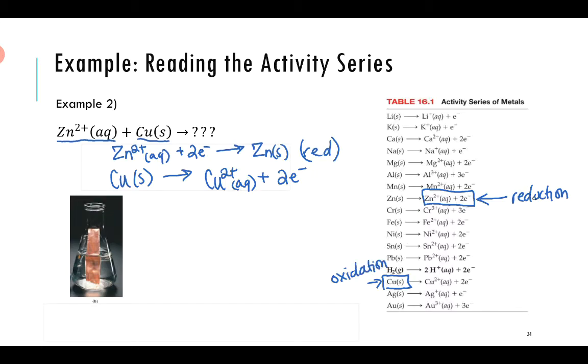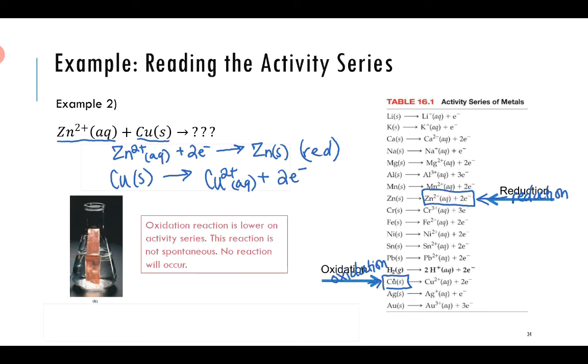But since my reduction half reaction is higher than my copper reaction, my oxidation half reaction, this reaction is not spontaneous. So the oxidation half reaction is lower on the activity series. This reaction is not spontaneous. No reaction will occur.